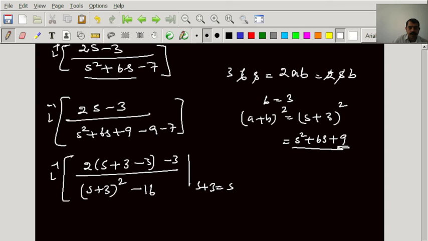Now we replace s plus 3 as s. When we are replacing, we must write e power minus 3t first.